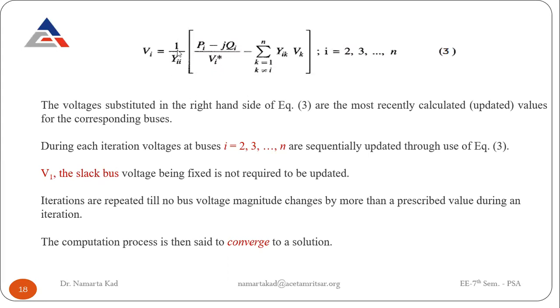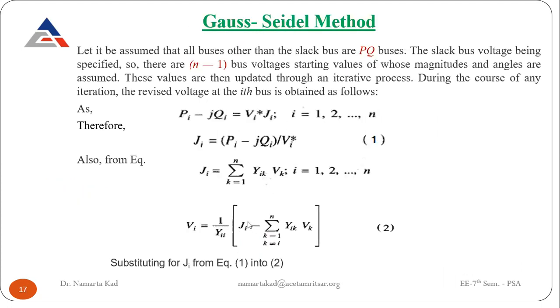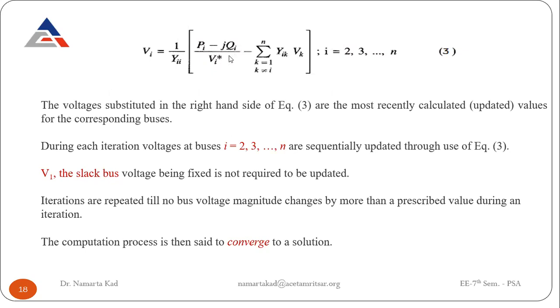That is Vi is equal to 1 upon Yii, and here in place of Ji write Pi minus jQi divided by Vi conjugate, minus summation of k equals 1 to n, k not equal to i, Yik Vk. And i varies from 1 to n, n is the number of buses. Let's mark this equation as number 3 now.